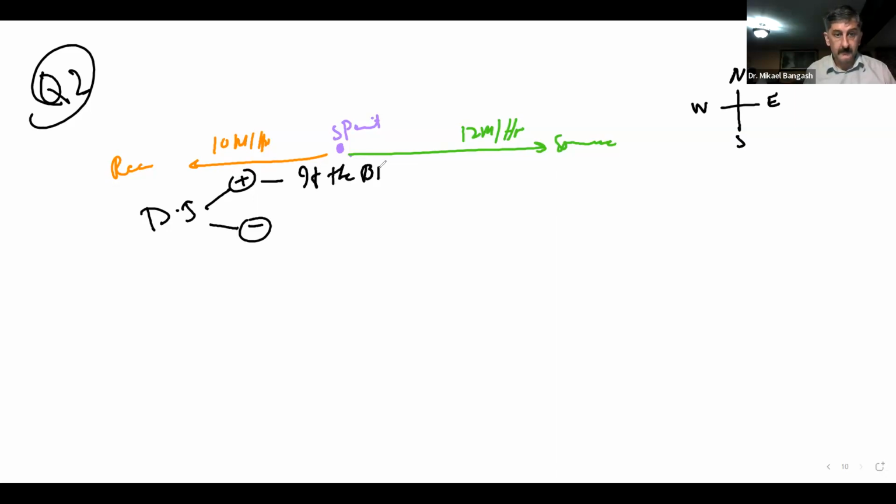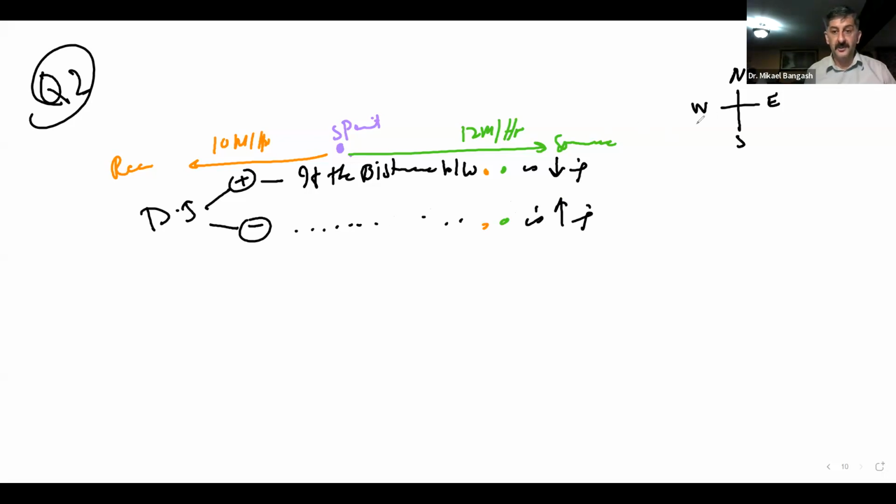In the light of these questions, we can say a positive Doppler shift is if the distance between the receiver and source is decreasing. Whereas a negative Doppler shift is if that same distance between the receiver and source is increasing.